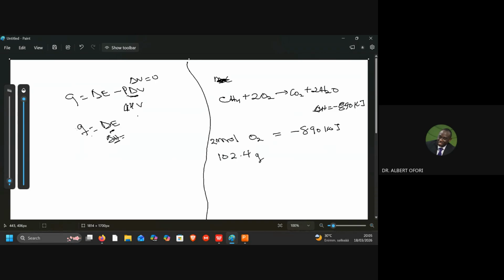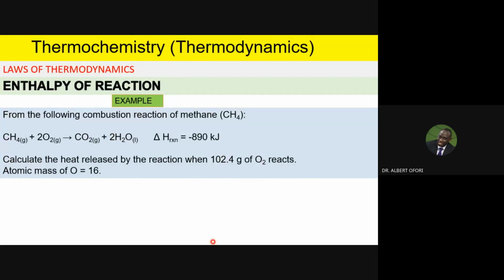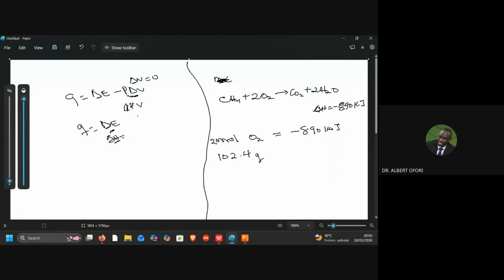Now, using 102.4 grams. Is that correct? Let's see. Yes. So 102.4 grams of oxygen. So let's go back. What happens if you are using this mass of oxygen? Well, we can only compare moles to moles. So for me to get the equivalent energy, divided by 2. What's the new moles? 102.4 divided by 32.